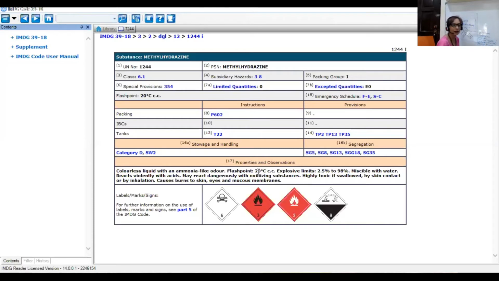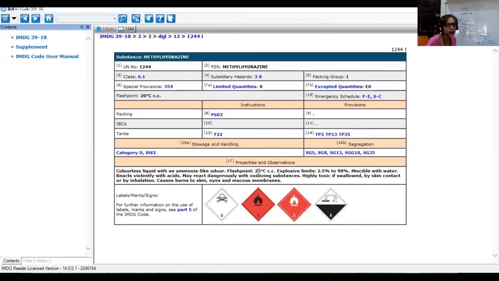When it comes to packaging, which means column number 8, the code prescribes that you only need to do it on a minimum of one side.